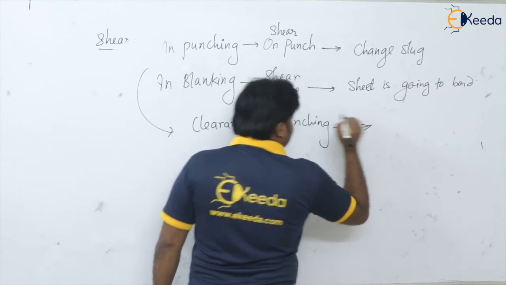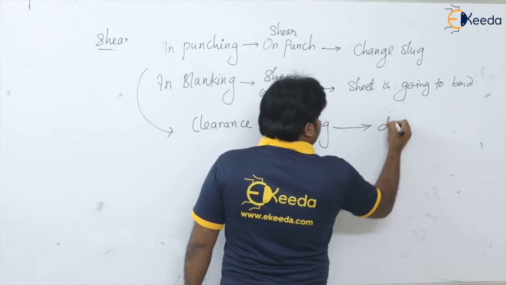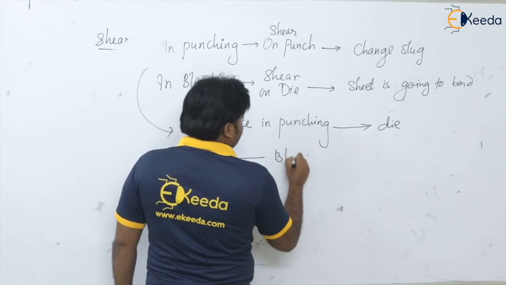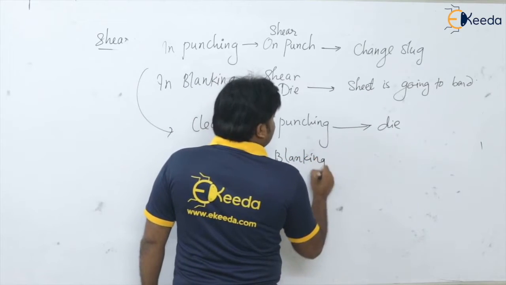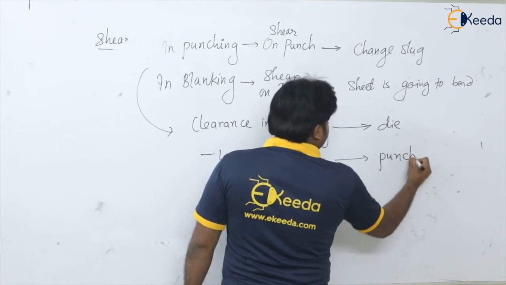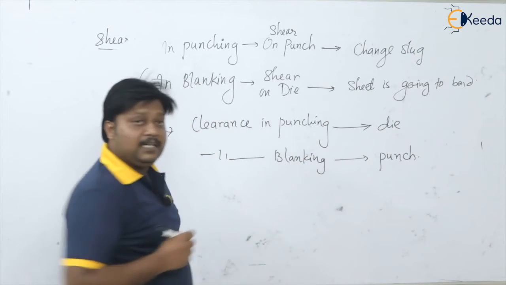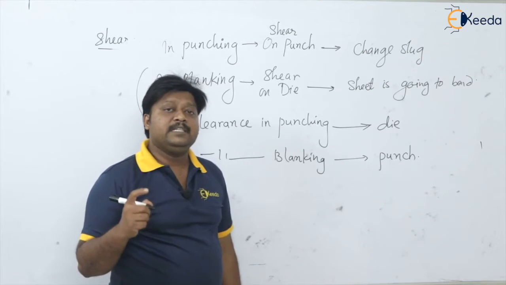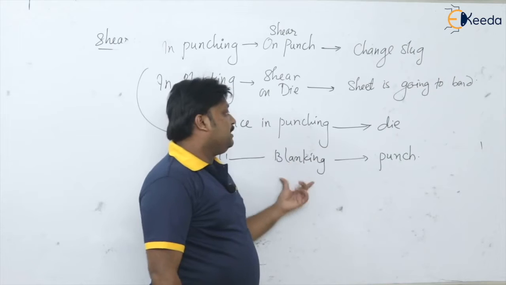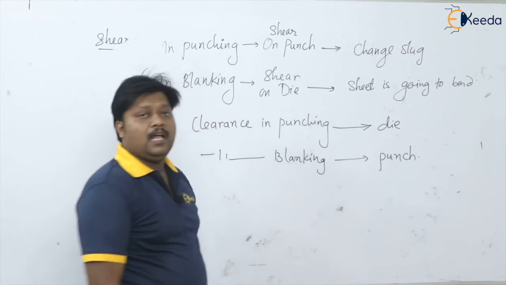We will provide the clearance on die, and clearance in blanking operation we will provide on punch. And one thing is universally true: the punch size is always lesser than the die size.